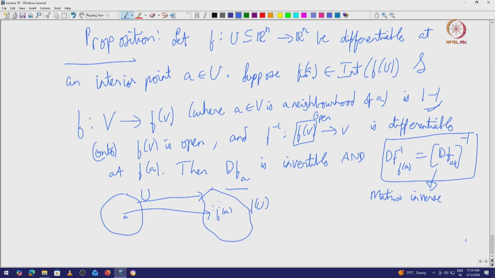This is an interior point of f of u, this is an interior point of u. This is the assumption. Not only that, we can choose an open set V here so that the image f of V is also open. This is an assumption. This is 1-to-1, and this inverse we are assuming is differentiable.